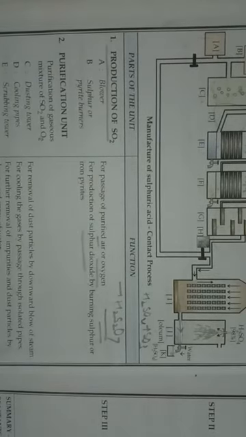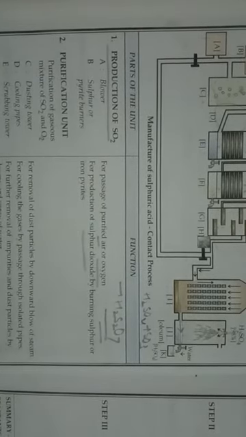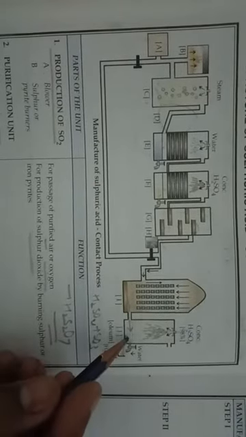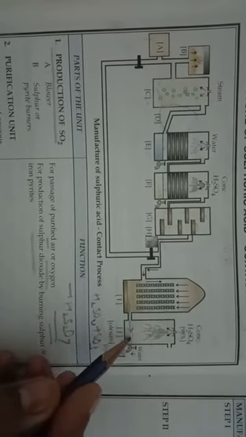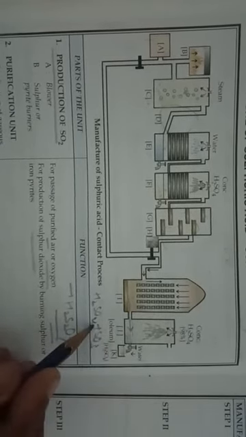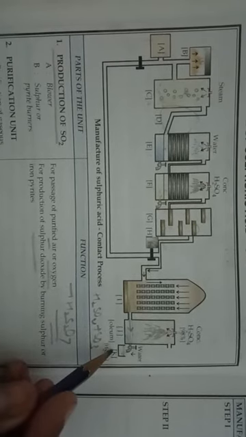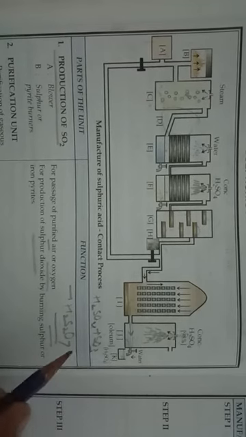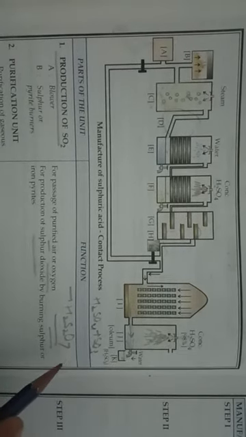So this is the contact process of sulfuric acid. Overall, in the contact process we form oleum at last, and this oleum is diluted in the dilution tank to get sulfuric acid of appropriate concentration.